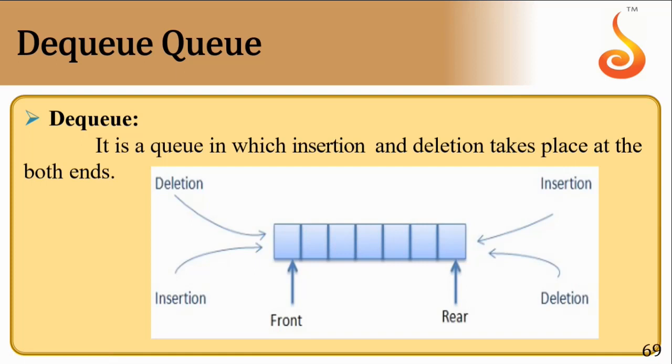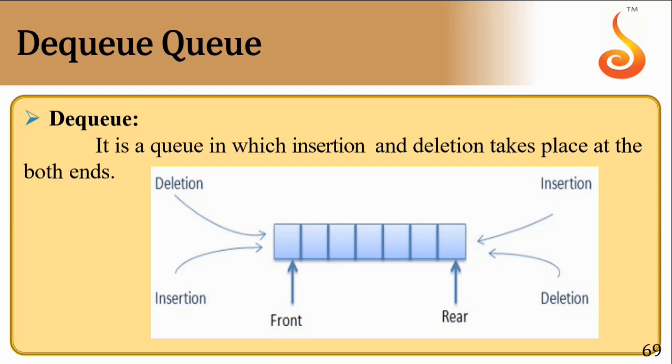There are two variations of the double-ended queue, namely the input restricted DQ and the output restricted double-ended queue. Getting it? These are the two types of double-ended queue. What is an input restricted queue then? An input restricted double-ended queue allows insertion at one end of the list but allows deletion at both ends of the list.